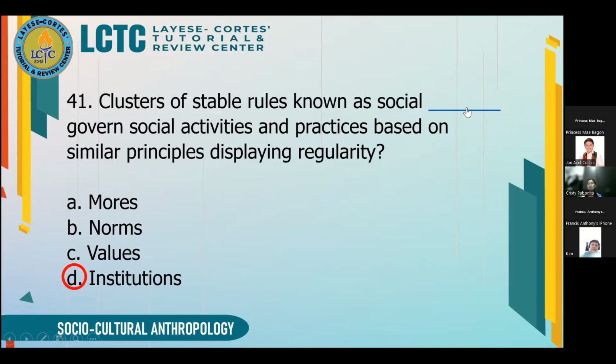If you remember the 5 social institutions in our society: the family, which is one of the most important, the government, the religion, the economy, and the education. The most important, the basic social institution, is the family. Without the family, all the other social institutions cannot function. So that is social institutions.